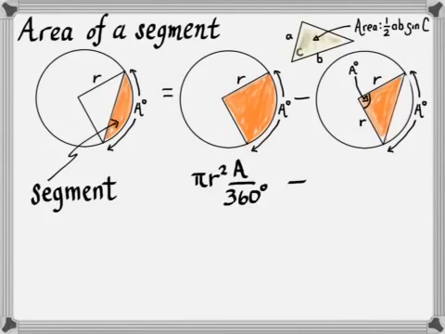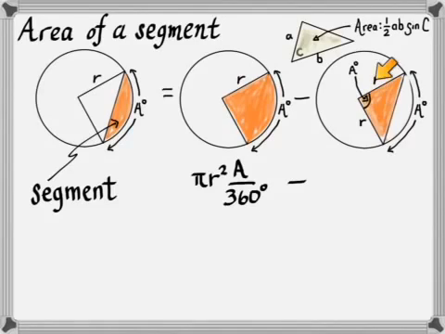That was 1/2 AB sine C. 1/2 times the product of these two sides, 1/2 times A times B times the sine of this angle between them. That's the shortcut formula.